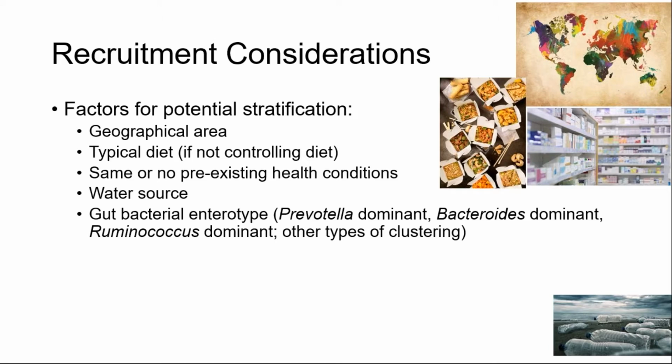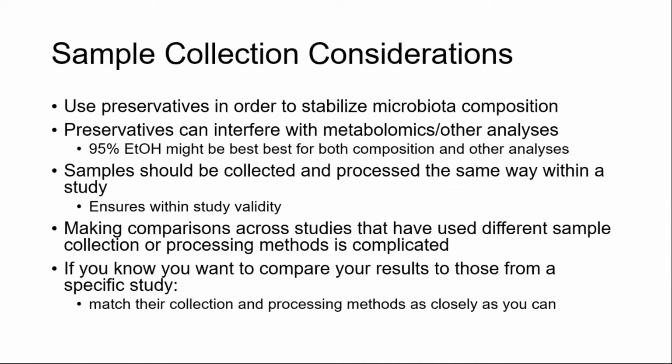And really you could cluster the people that you are trying to randomize on your own using something like Dirichlet multinomial modeling if you wanted to. But considering the background enterotype as you're assigning people to the diet intervention could be useful and improve your power to detect an impact.